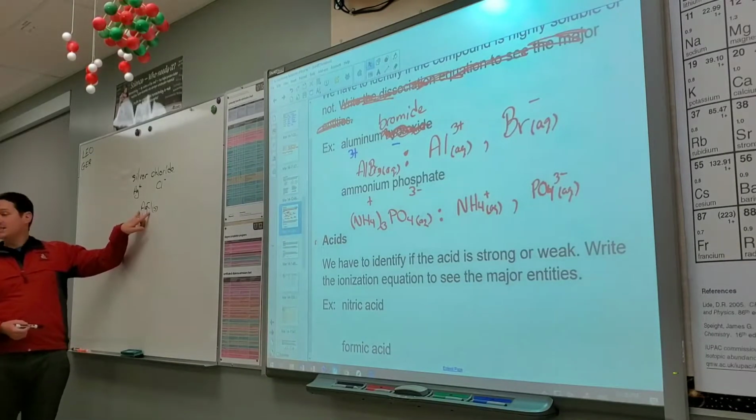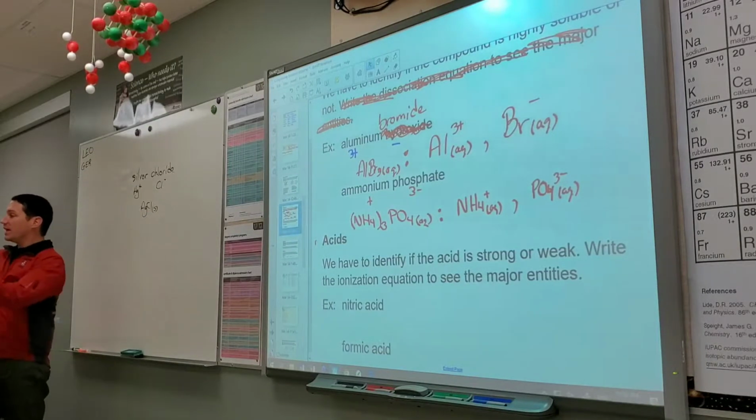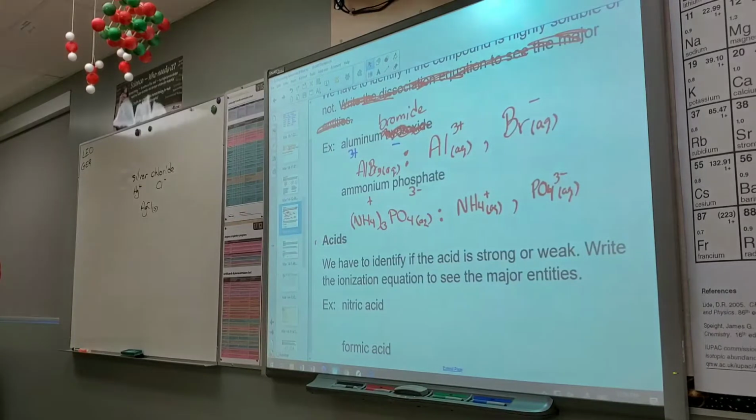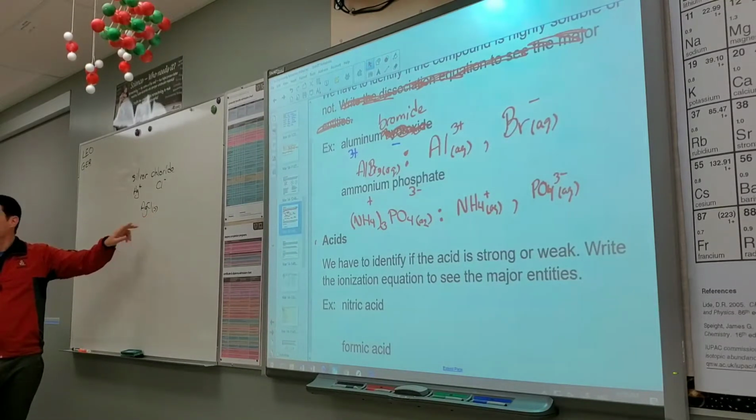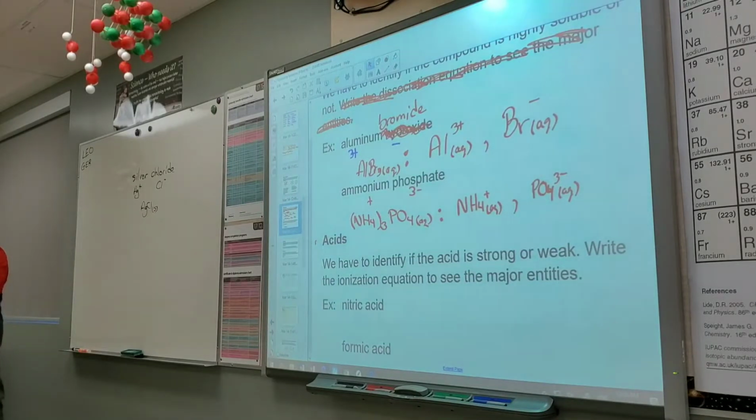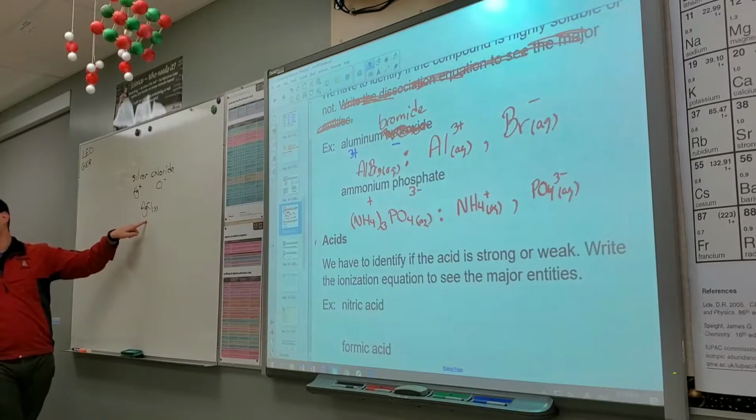So, when I put this thing in water, is it mostly going to be soluble or insoluble? Insoluble. It is mostly not soluble. Yes, I agree. A tiny, tiny amount of it will dissolve. But if I put a solid lump of silver chloride, I will never be able to get it to totally dissolve.